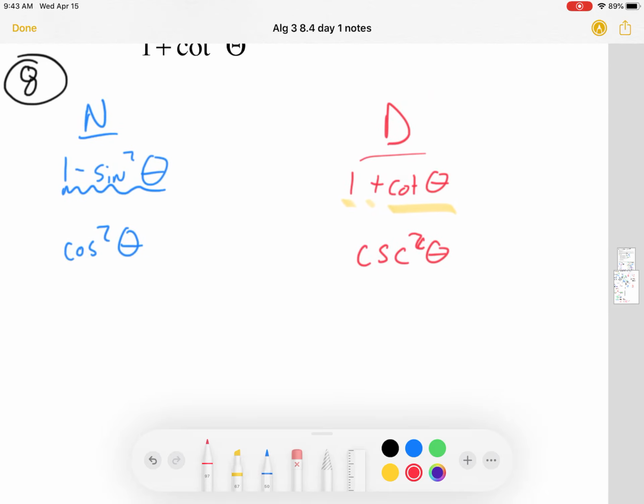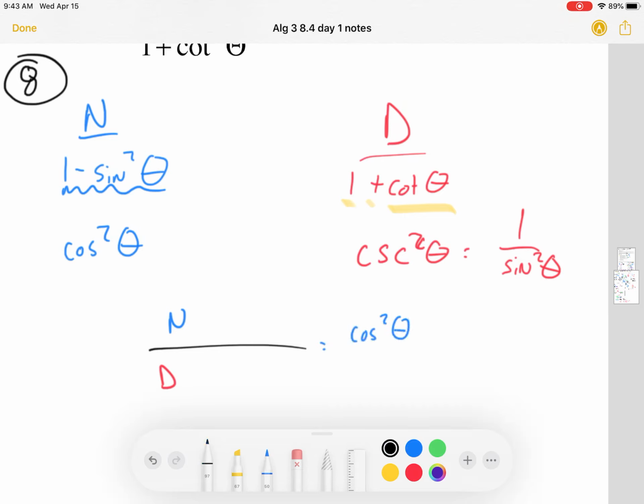Okay, well, what's cosecant squared? We want to put this in terms of sine and cosine. So cosecant squared, that's the same as 1 over sine squared theta.